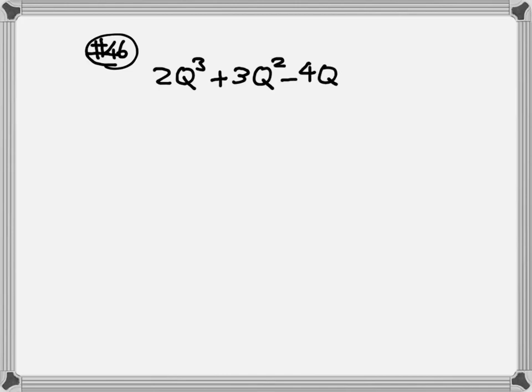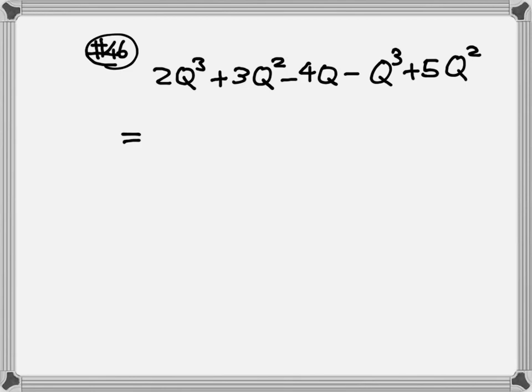Next, let's look at number 46. Okay, number 46. We have 2q to the 3rd power plus 3q squared minus 4q minus q to the 3rd power plus 5q squared. So here, let's combine the like terms.